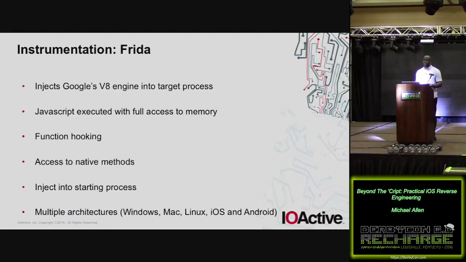And it also supports a whole lot more architectures than does Cycript. And so with the combination of the Frida runtime engine and the Cycript interactive console, you now have the best of both worlds.